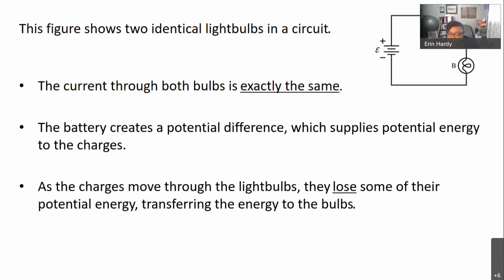That backs up why light bulb filaments are made the way that they are. If you were trying to make a light bulb whose job was to produce a whole lot of radiant energy, you would want to choose a material that really resists the flow of charge so that there's a large amount of negative work done by the material in the filament itself, so that you lose a whole lot of thermal energy.